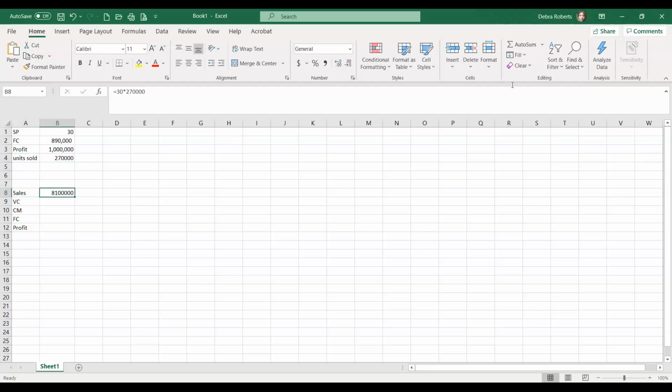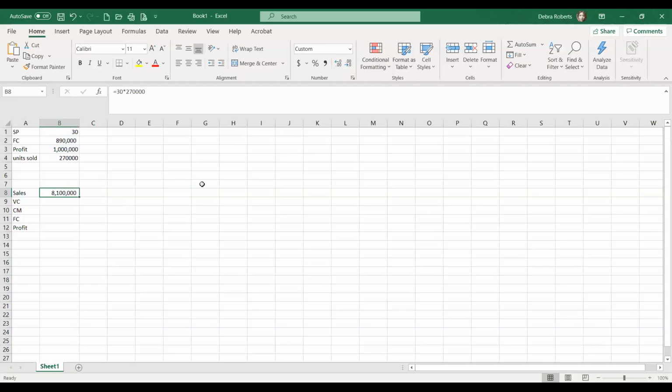I've got one number I feel good about. All right. Now I'm trying to solve for the variable cost. And I don't know what it is, but I can back into it, maybe. This number has to be 1 million, right? Let's make sure we're right.